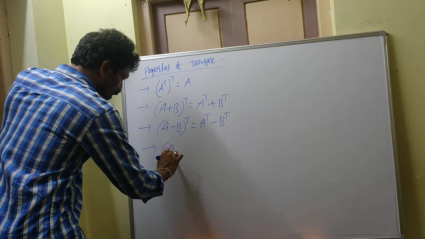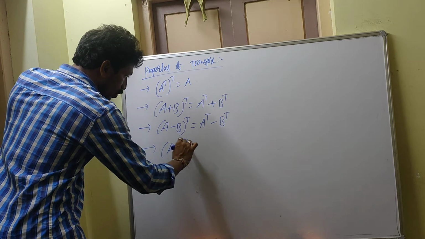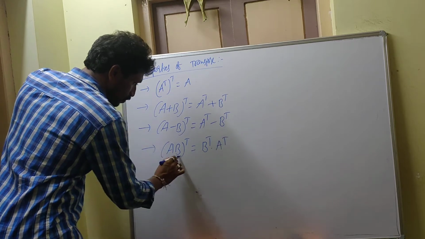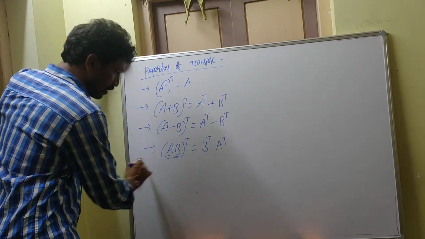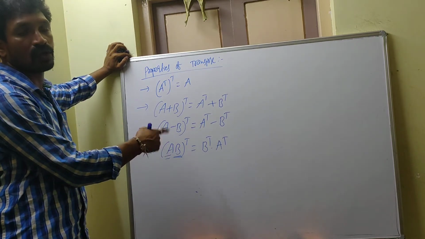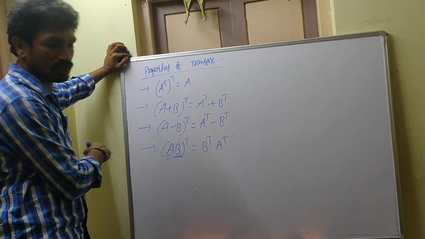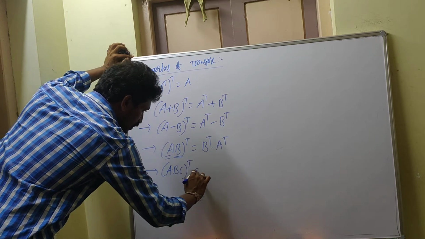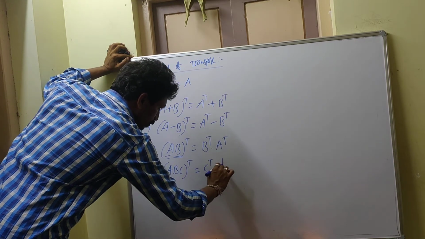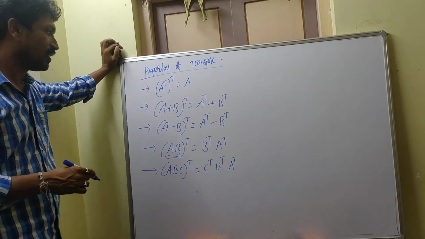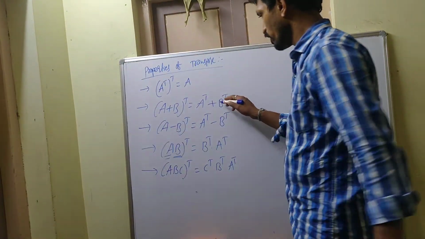But what is AB whole transpose? This gives B transpose into A transpose. First you write this one, second you write this one, reverse. This is applicable for any number of matrices. If you go for A, B, C whole transpose, this is equal to C transpose into B transpose into A transpose, reverse. Okay, clear?